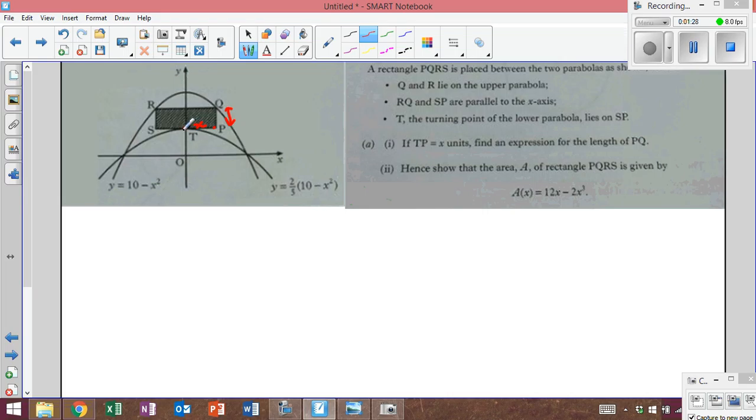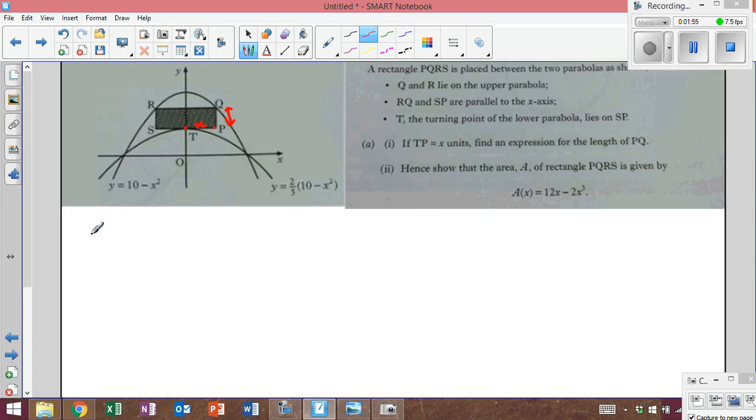T as well and P, because that line S to P is parallel to the x-axis, these two things have the same height. So because Q's up here, we know an expression for the height of Q because it lies exactly on that top curve. And we can also figure out the height of P because it's the same height as T.